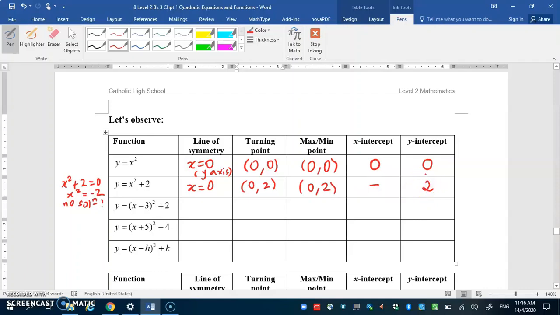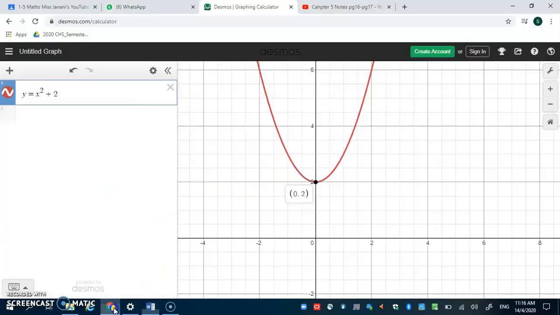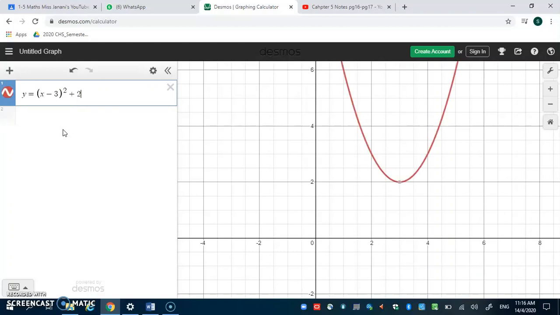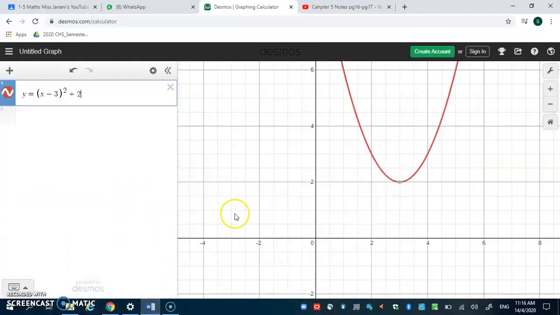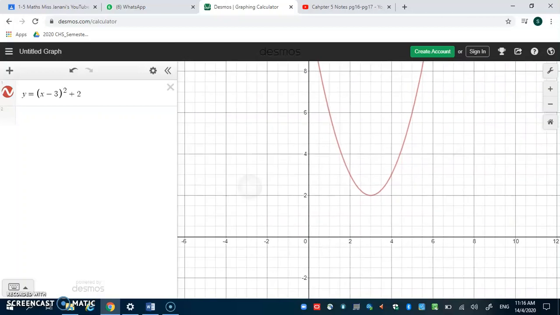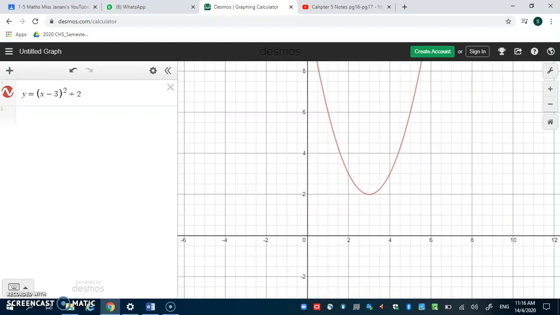Moving on to the next graph, y equals (x minus 3) whole thing squared plus 2. So let's type that. Don't forget the brackets. y equals (x minus 3) whole thing squared plus 2. Nice. Now the graph has shifted to the right by 3 units.